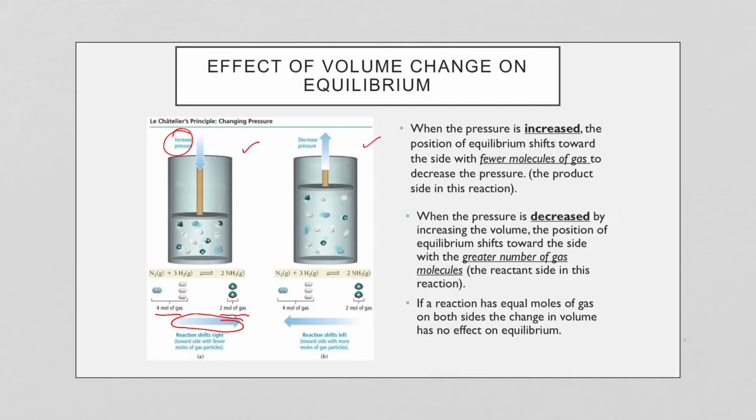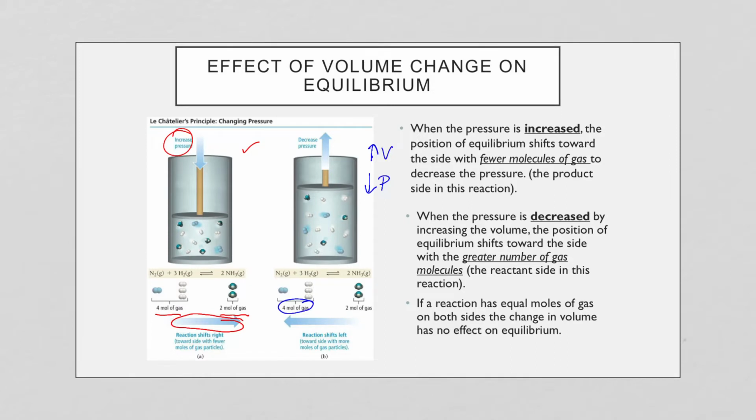Let's start at the beginning here. If I increase volume, like I'm doing here, that's going to decrease the pressure. So what is the reaction going to do? It's going to try to increase the pressure, and it does that by shifting toward the side with more moles of gas.